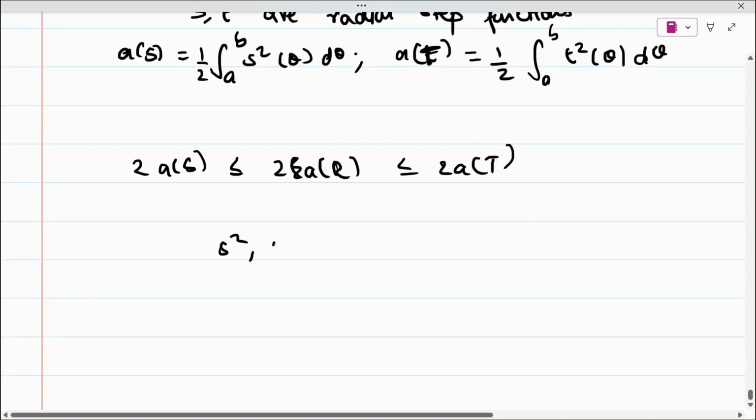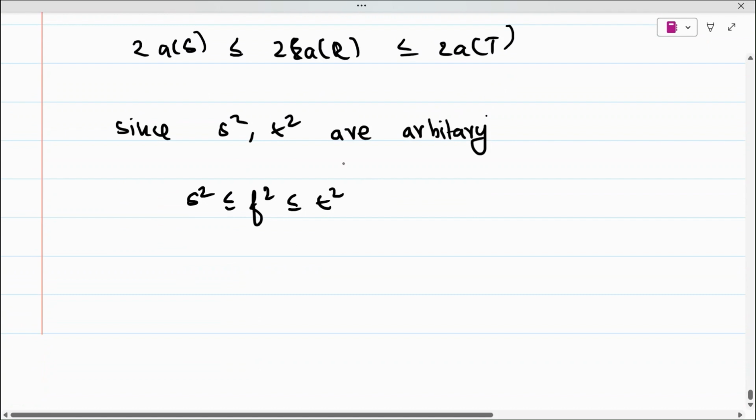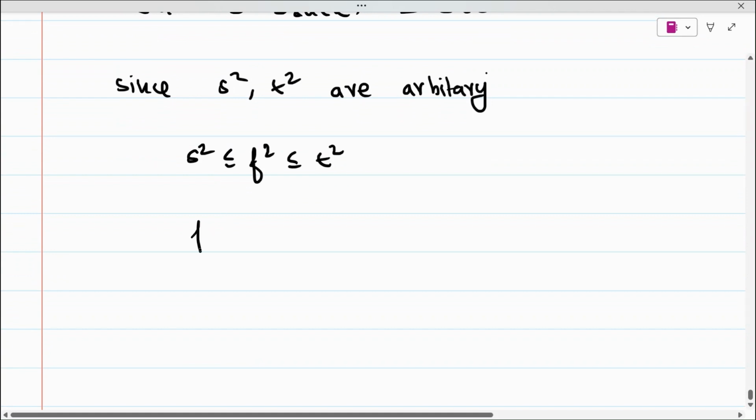Now s squared and t squared are arbitrary step functions, so you can say s squared is less than or equal to f squared, which is less than or equal to t squared. Since t is non-negative, s is also non-negative, so s squared is non-negative.